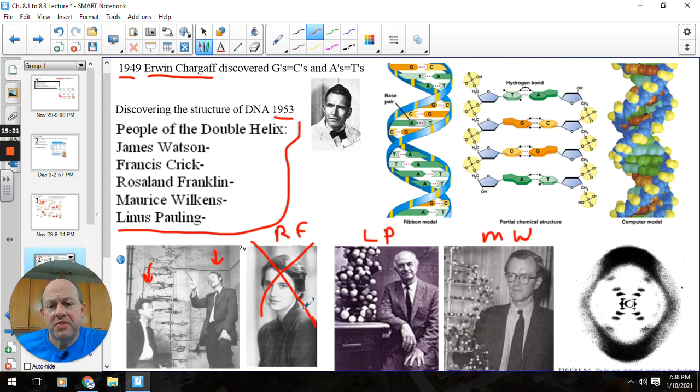Now, the Nobel Society stands to their policy. They say our policy is we do not give Nobel Prizes to people who have passed on. And Rosie, sadly, from the time Watson and Crick discovered it to 1962, had died from ovarian cancer. She was dealing with x-rays and probably the safety we didn't have at that point in time.